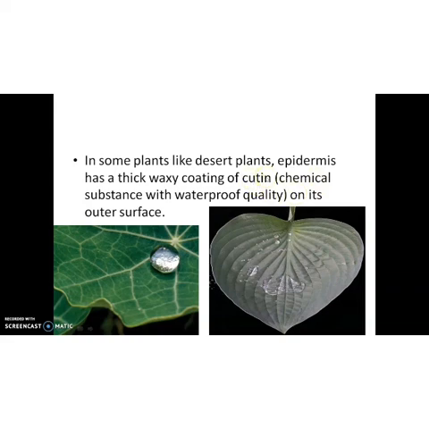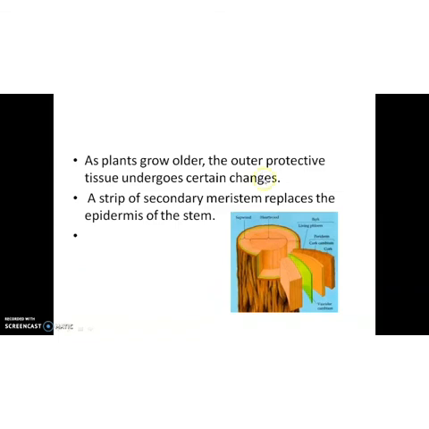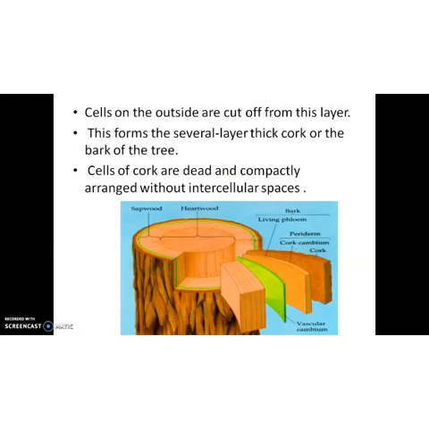And as plants grow older, the outer protective tissue undergoes certain changes. A strip of secondary meristem replaces the epidermis of the stem. And what happens? Cells on the outside are cut off from this layer and it forms several layers thick cork or bark of the tree. So you can see cork here.